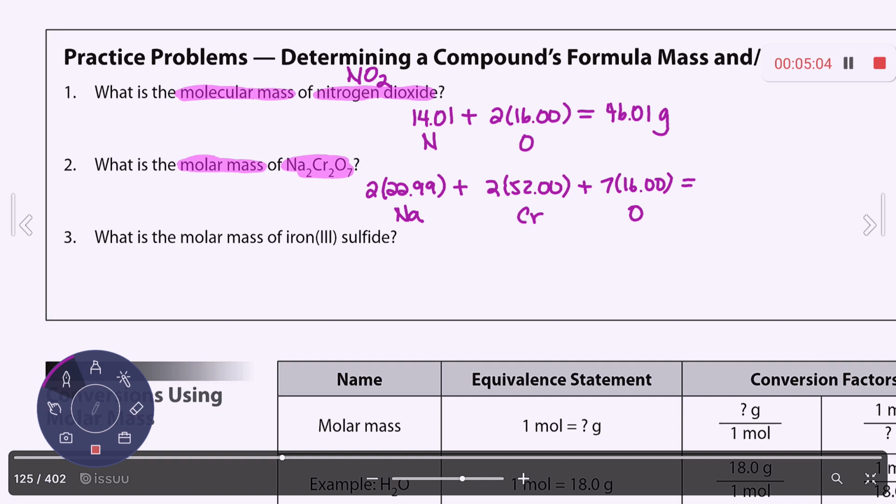So when I add all this together, I'm going to get 261.98. Molar mass is typically in units of grams per mole. And they write it as g/mol, implying that that's the mass in a mole of that substance.